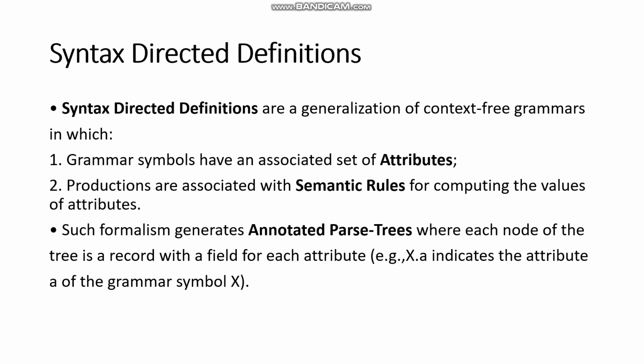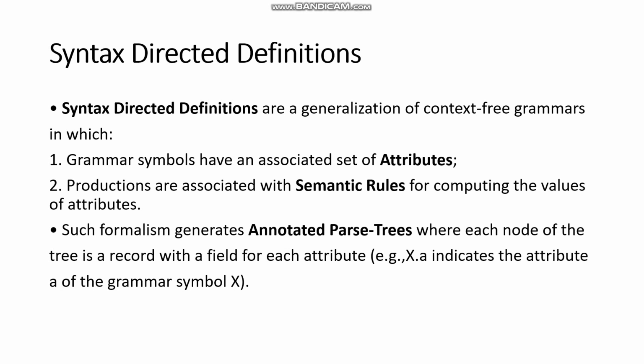First, it is a generalization of the context free grammar, in which grammar symbols have an associated set of attributes. Second, productions are associated with semantic rules for computing the values of attributes. Third, such a formalism generates annotated parse trees where each node of the tree is a record with a field for each attribute.